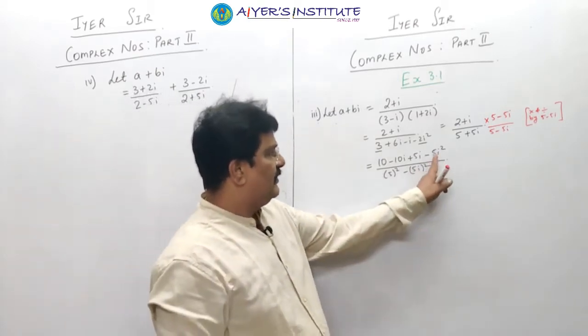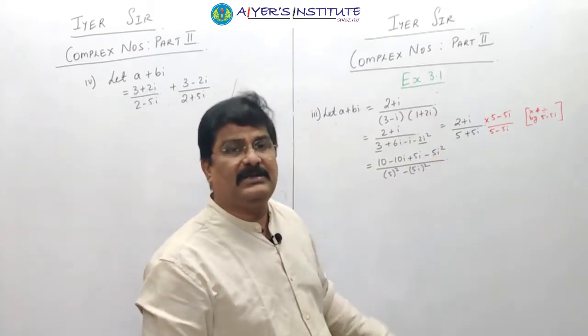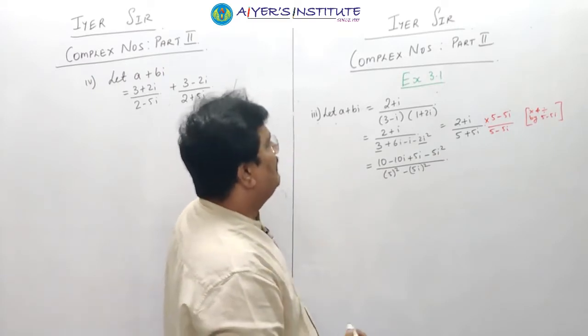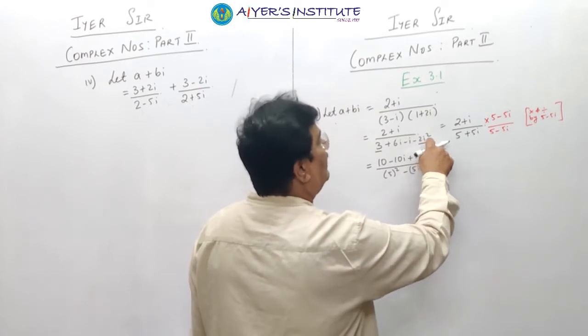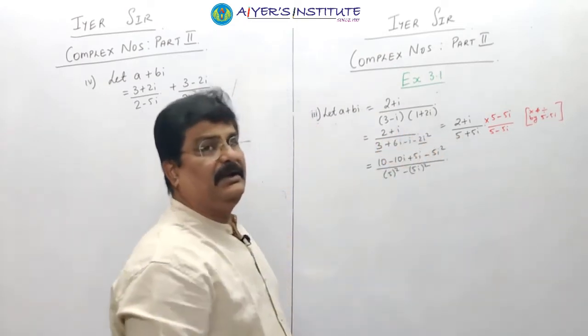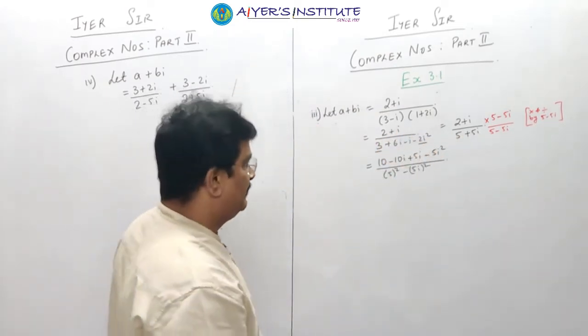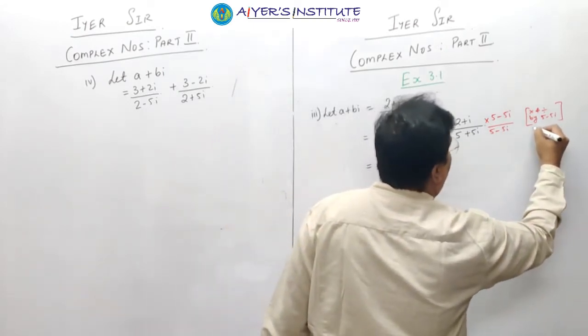Again, minus 5 into minus 1 because i square is minus 1. Whenever we use that, we typically write it in brackets, since i square is minus 1. I am writing it here.